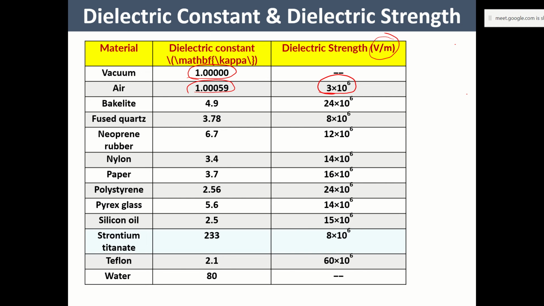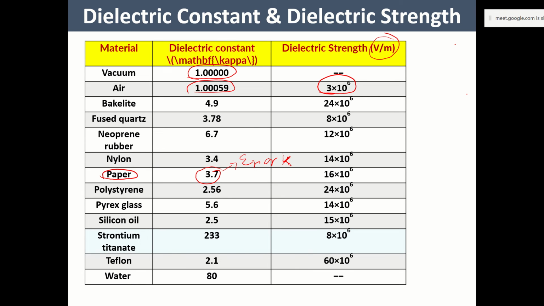If you take some other things, so take a sheet of paper, it is a better material, 3.7 dielectric constant. So this is the relative permittivity that you can say epsilon r, or dielectric constant. It is also sometimes denoted by kappa or epsilon r.